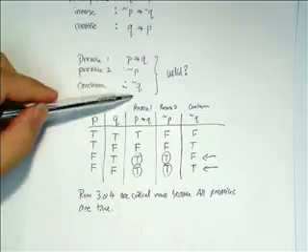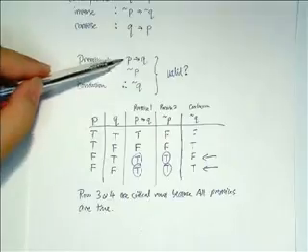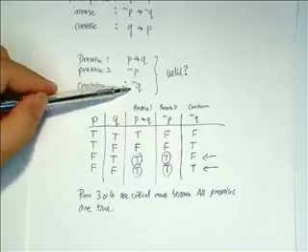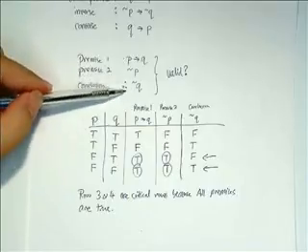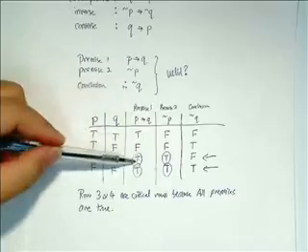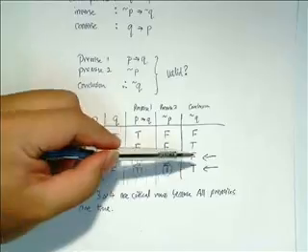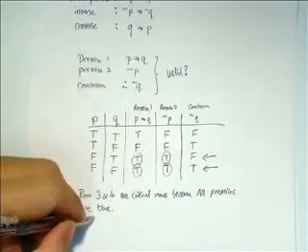Because this is how the argument is formed. We're saying that if premise 1 is true and premise 2 is true, then the conclusion must be true. That's what we're looking for. Over here we have a case where premise 1 is true, premise 2 is true, but our conclusion is false. So this actually shows that the argument is invalid.